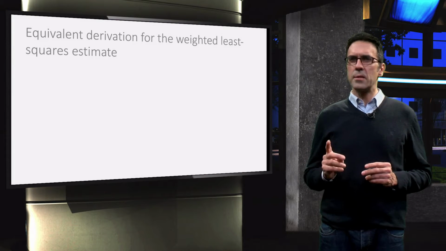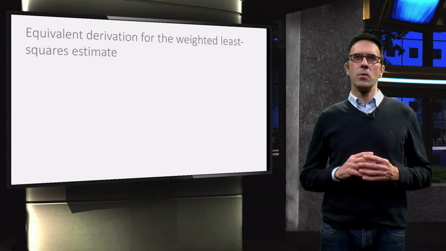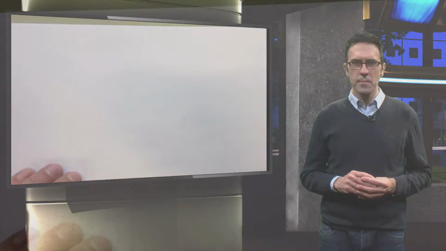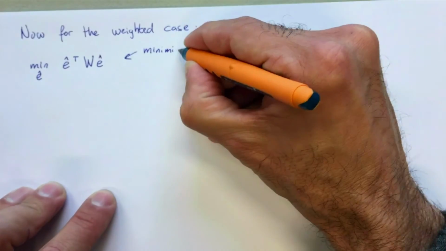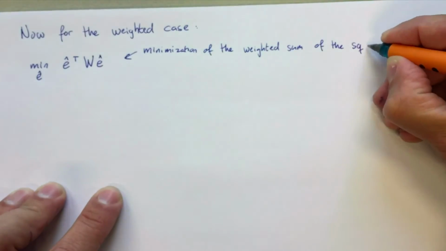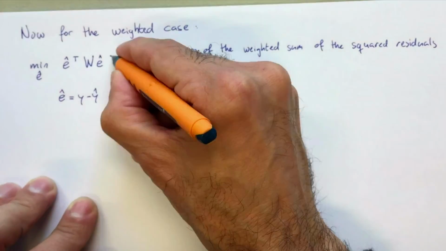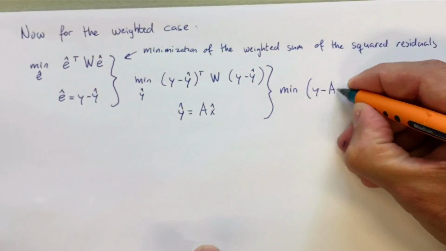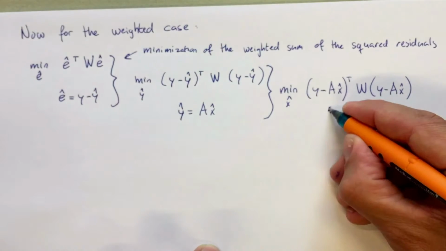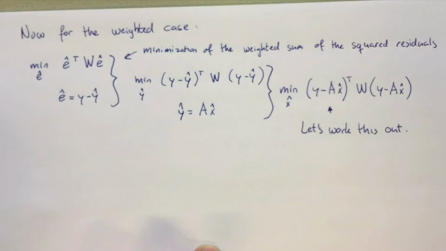Now let's repeat the same derivation for the case with weighted observations. Here we start with a weighted sum of the squared residuals, where the minimization problem starts with minimizing with respect to e hat. By replacing e hat by y minus y hat, and later by y minus A x hat, we find the final expression that should be minimized.